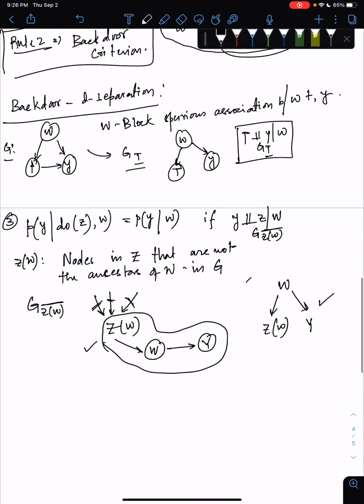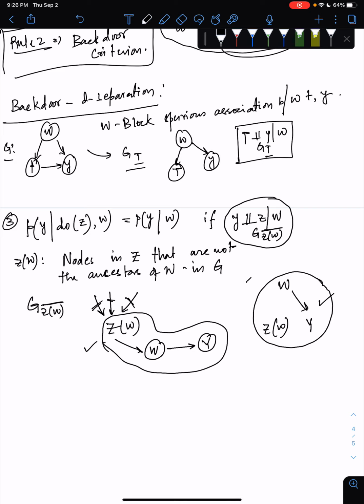Now if we consider this other kind of graph, from this graph we have to remove the edge coming to Z(W), so we have to remove this guy. After removing this, we can see that this conditional independence relationship doesn't hold for this particular graph.